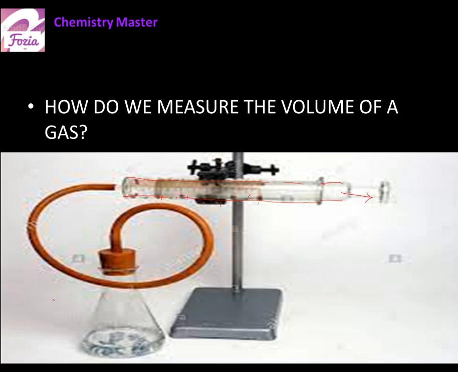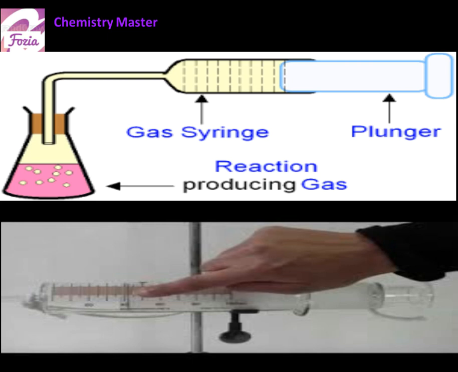So as some reaction goes on and some gas is produced, the gas is connected to enter this gas syringe, and the gas will push the plunger out, and this is how you can take the volume of the gas produced during this reaction. So how can you do it?